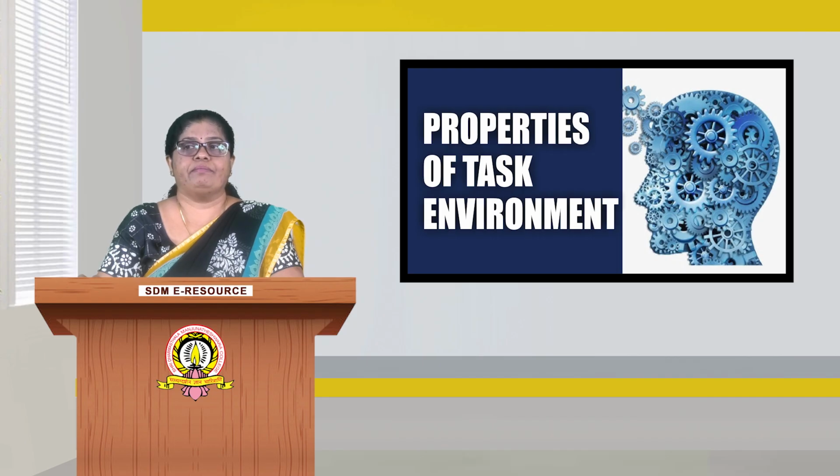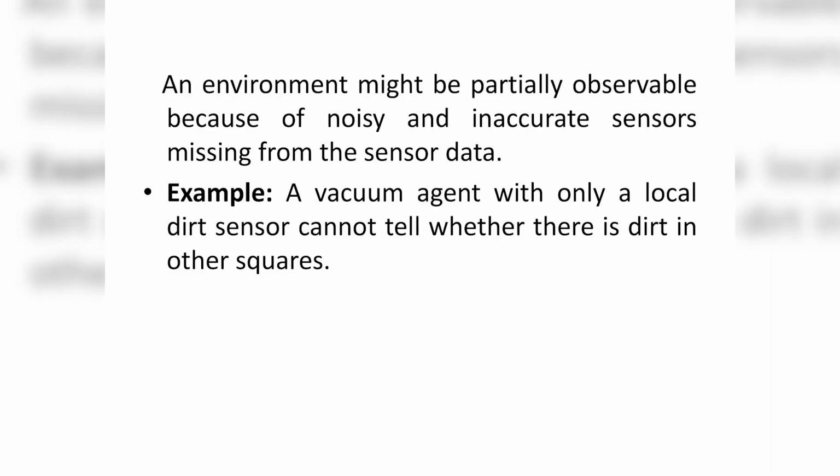An environment might be partially observable because of noise or inaccurate sensors, or missing data from the sensors. We can give a few examples. A vacuum agent with only a local dirt sensor cannot tell whether there is dirt in the other square.